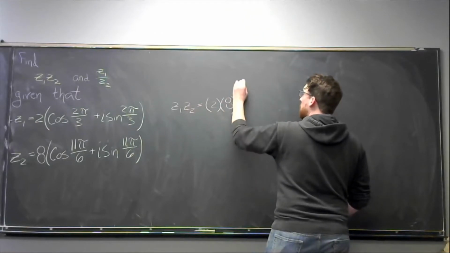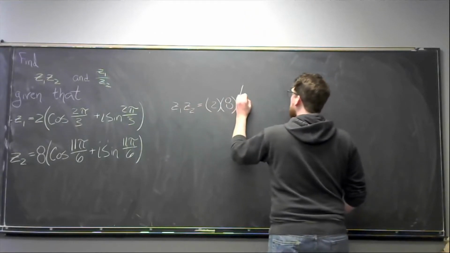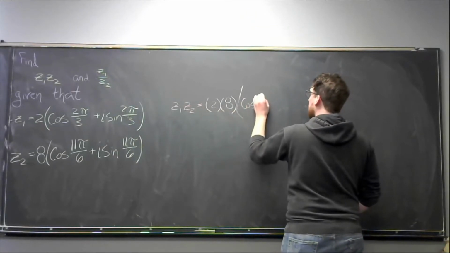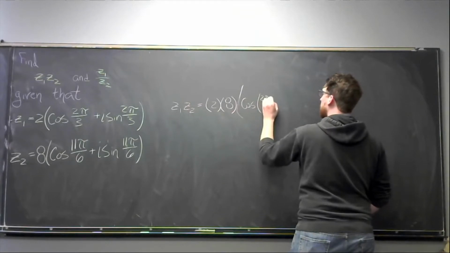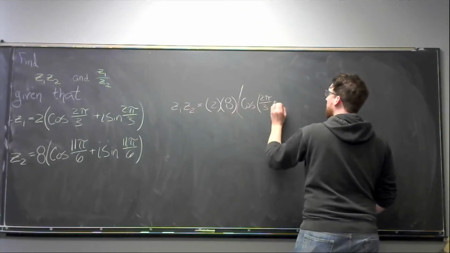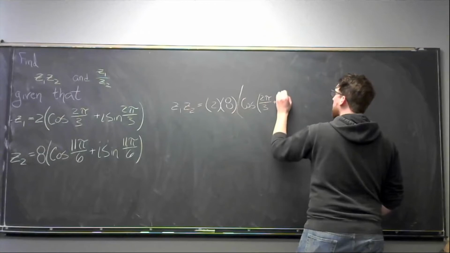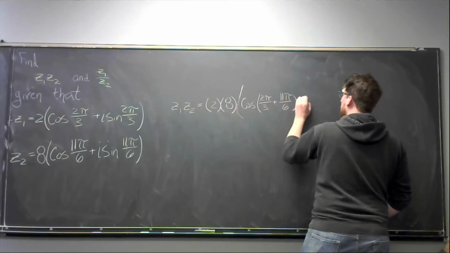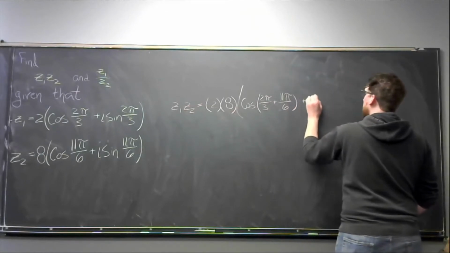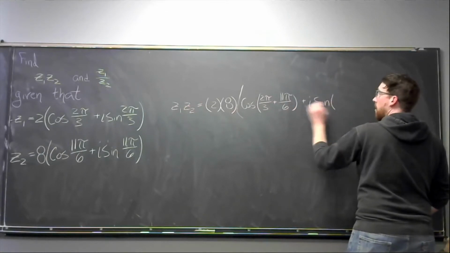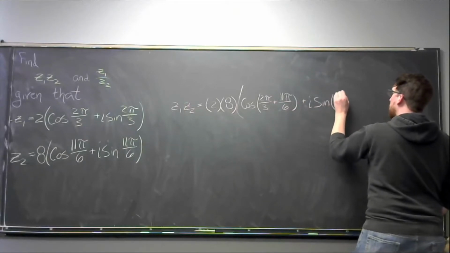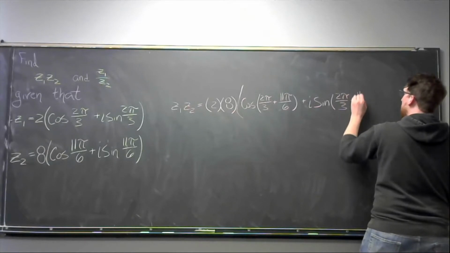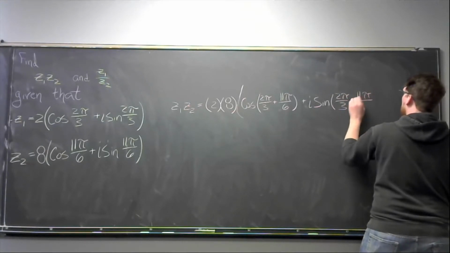This all multiplied by cosine of theta 1, 2 pi over 3, plus theta 2, 11 pi over 6, plus i times the sine of the same thing, 2 pi over 3 plus 11 pi over 6.